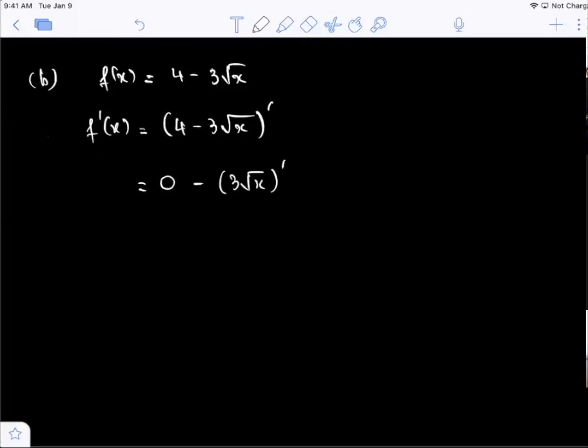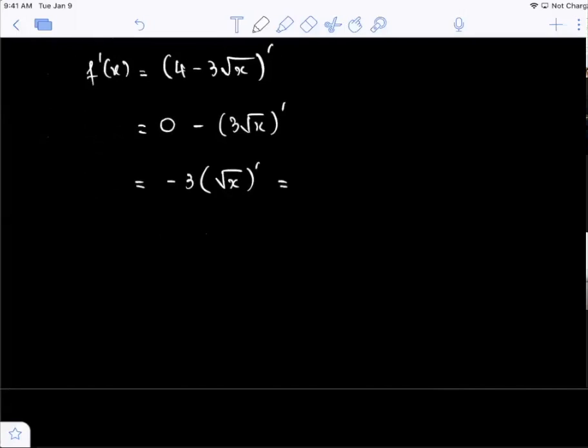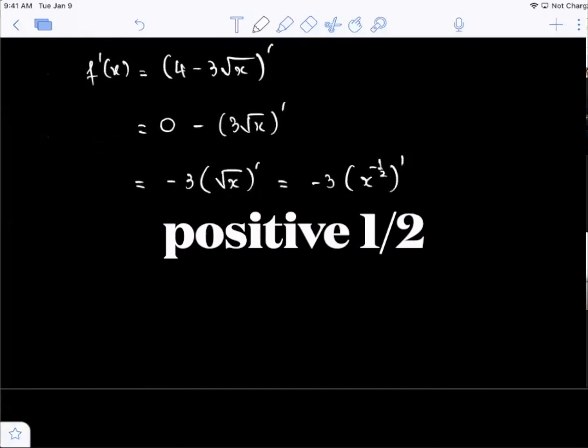This is the constant multiple. So let me write it like this. I'm not going to touch the 3, just leave the 3 by itself. And I want to find the derivative of the square root of x. So turn that square root of x into a power function. So I get negative 3 times x to the negative 1/2, prime.